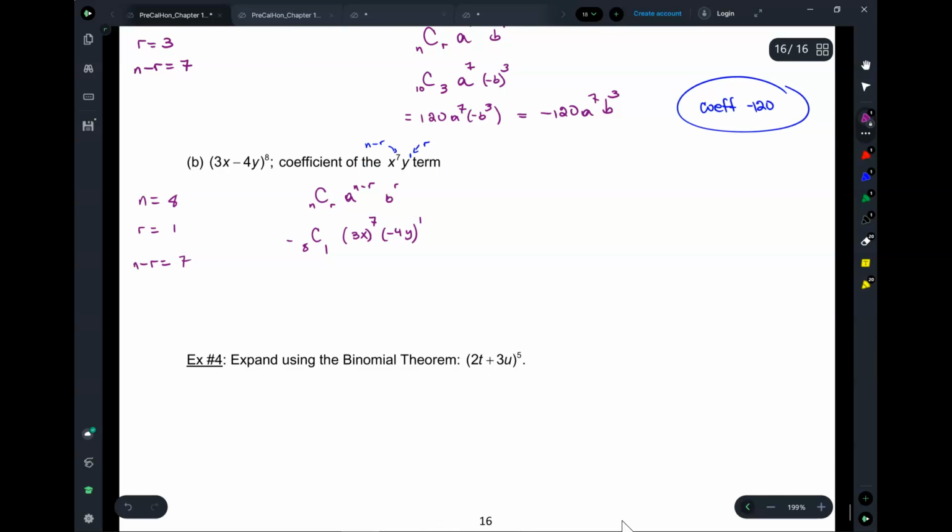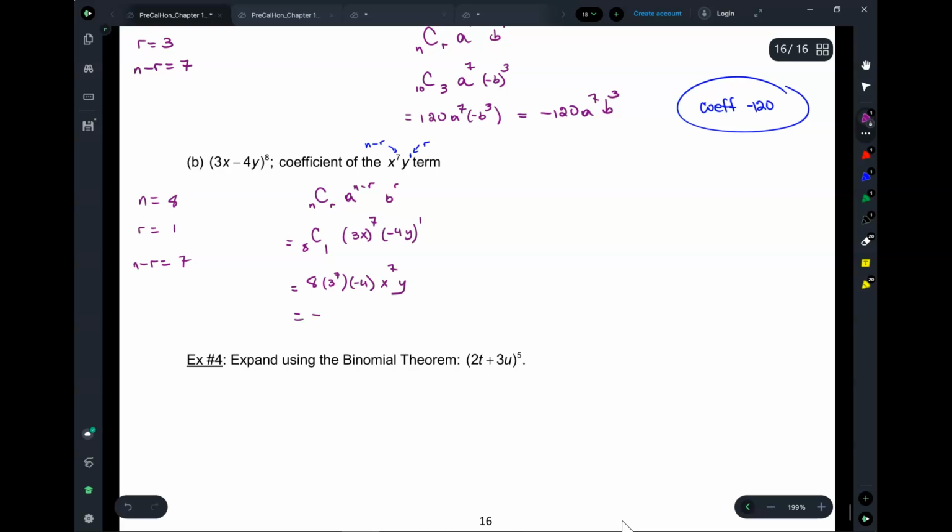So can somebody tell me what combination is here? We call this 8 choose 1, by the way. That's the lingo. What is it? 8. If there's ever a 1, is it just the other number? Yeah. And then it's going to be times 3 to the 7 times negative 4, x to the 7y.